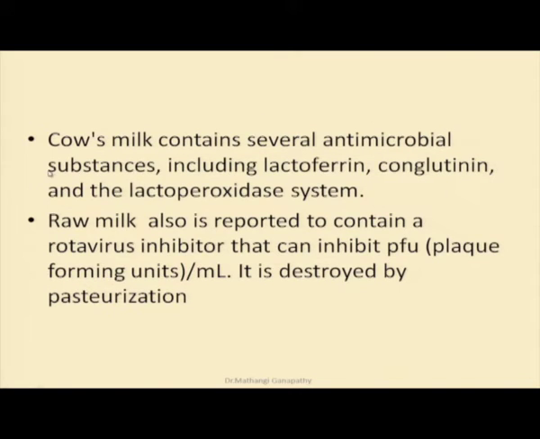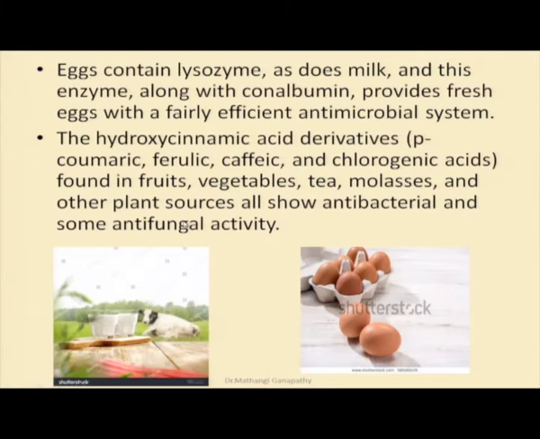Cow's milk also contains several antimicrobial substances. The most well known among them are lactoferrin, the conglutinin and the lactoperoxidase system. Raw milk also has a rotavirus inhibitor that can inhibit the plaque forming units per milliliter. But this rotavirus inhibitor normally gets destroyed during pasteurization.